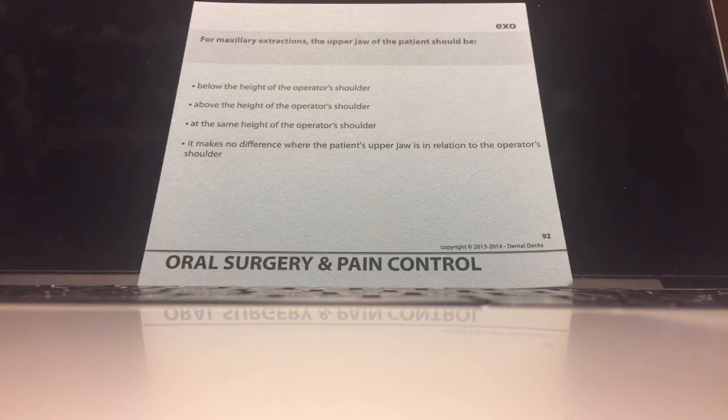For maxillary extractions, the upper jaw of the patient should be below the height of the operator's shoulder, above the height of the operator's shoulder, at the same height of the operator's shoulder.